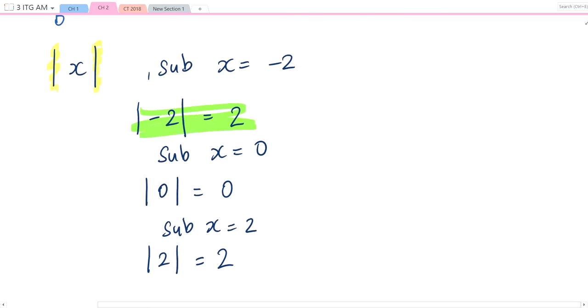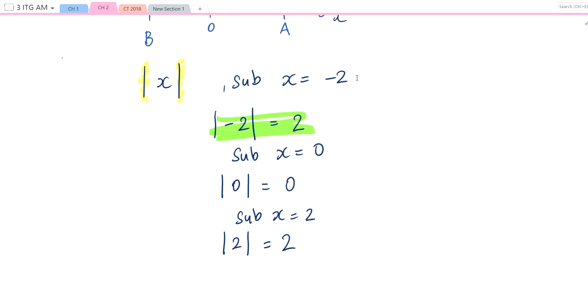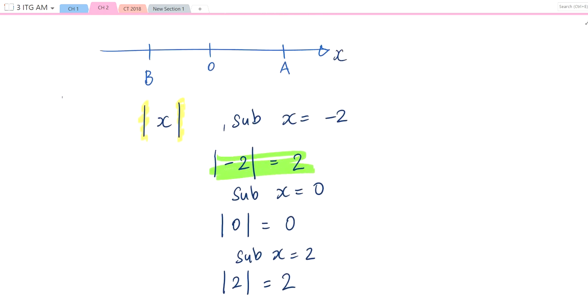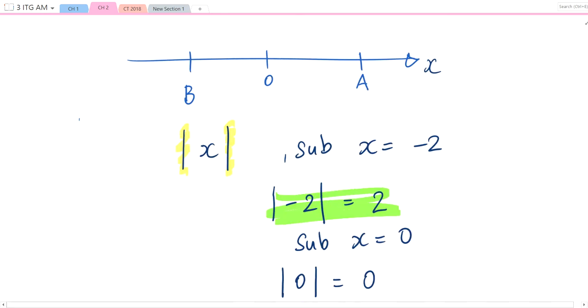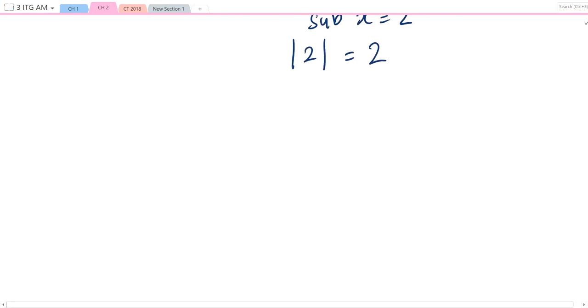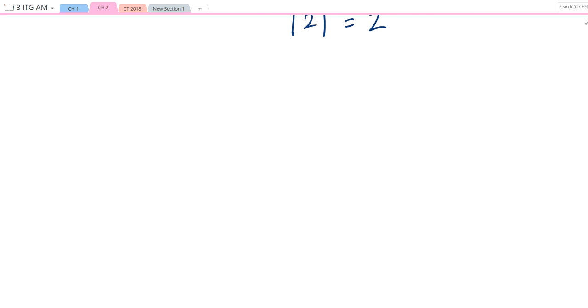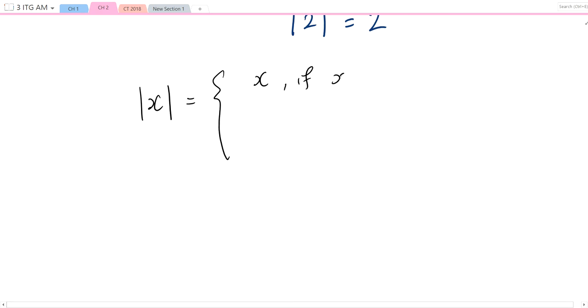So we actually can have a summary. And our summary is that modulus x is going to be equals to x if x is positive.